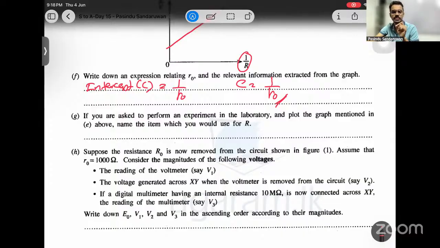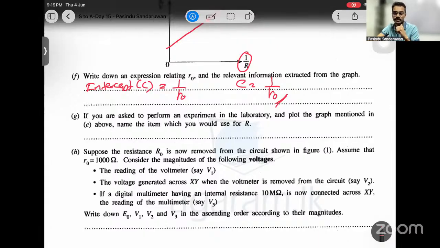Or if you need to change the variable resistor to any value as you wish, all continuous values. And if you need to change R in finite or distinct values, for some given values, we are using a resistor box.